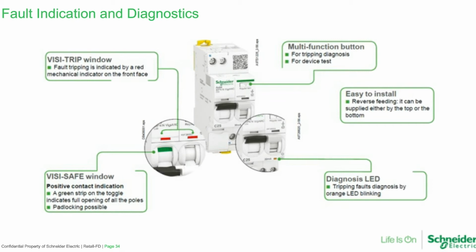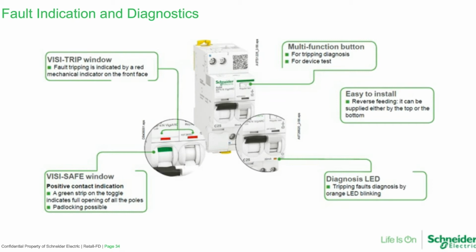The left-hand toggle is for MCB and the right-hand toggle is for the RCD. So straight away you've got an indication on if it turned off due to MCB, so overload or short circuit, or if it turned off due to earth leakage. If it was earth leakage, both handles would be off. If it was just MCB, then just the left-hand handle would be off.